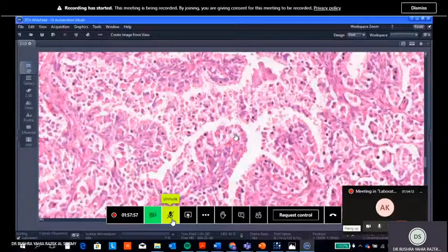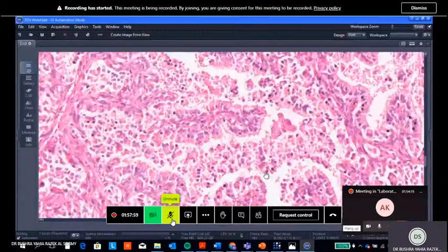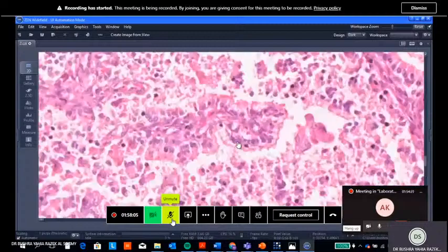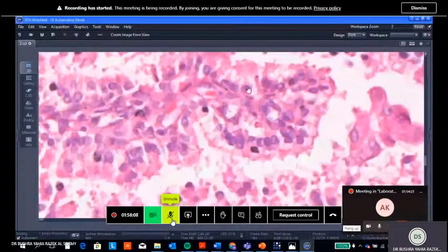Look at here. Those we call not true papillae. Compare this papillae with our papillary carcinoma. Can you see any features of the nuclei? The nuclei here is normal, isn't it?